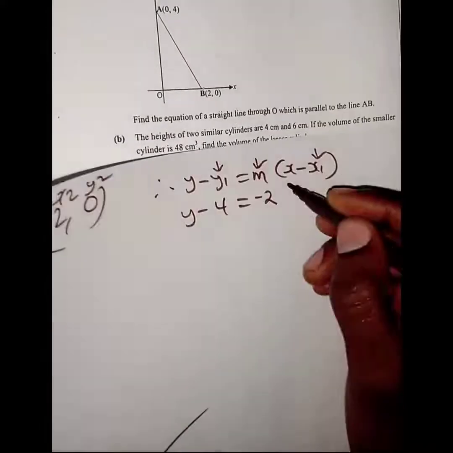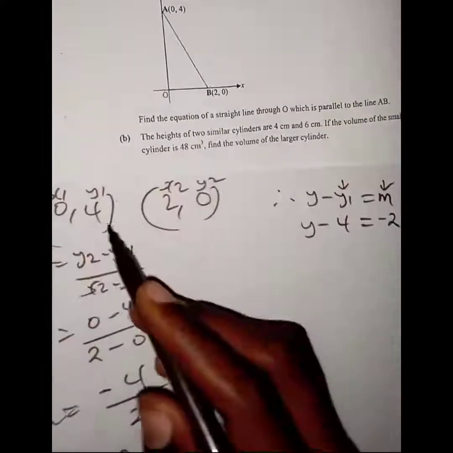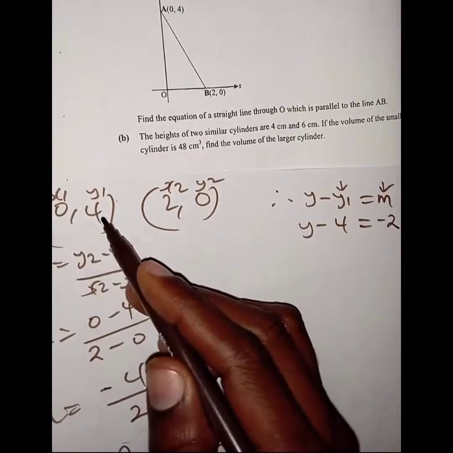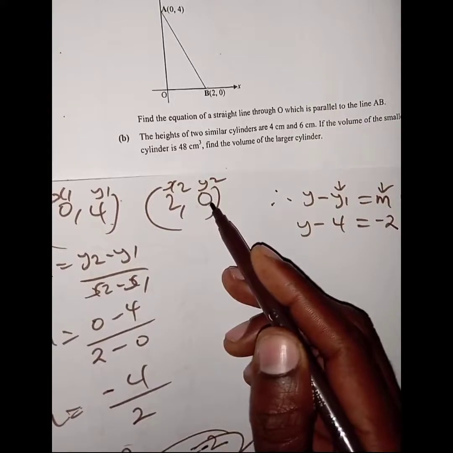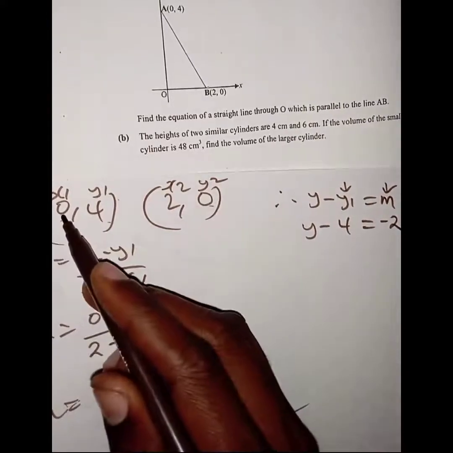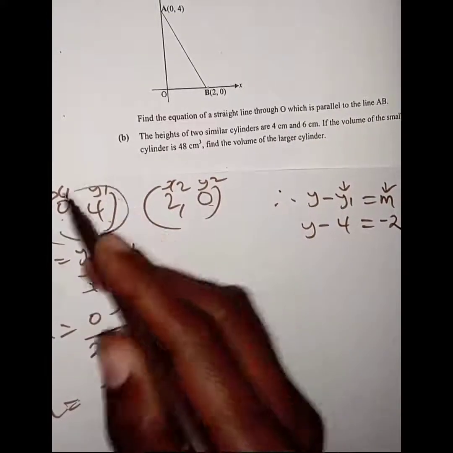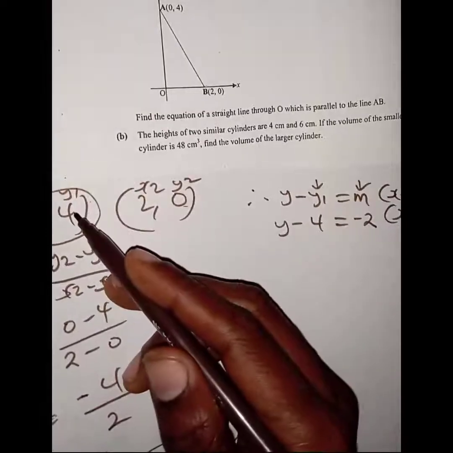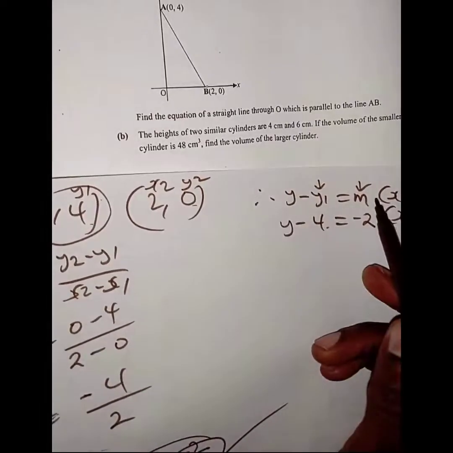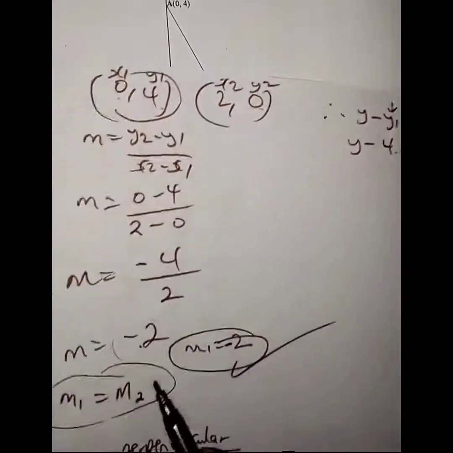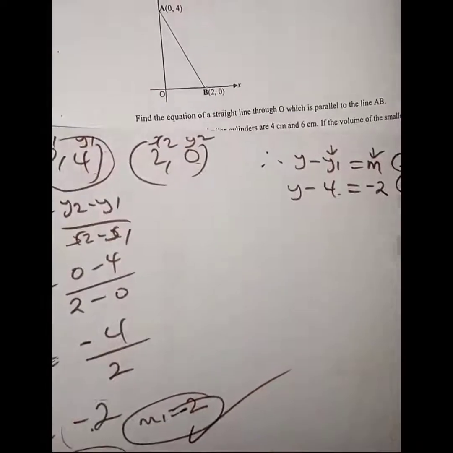So now, your x1, remember you got this, so go for that. Don't swap. If you got 2, you would have gone for 0. Now you got 0, go for 4. y1 is 4. Gradient was negative 2. x1 is 0.